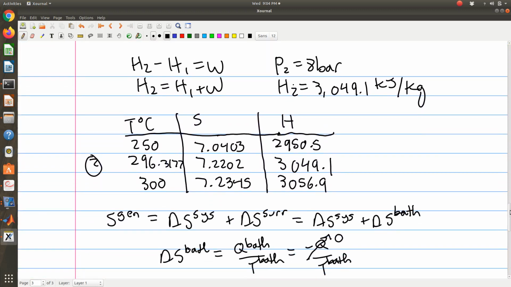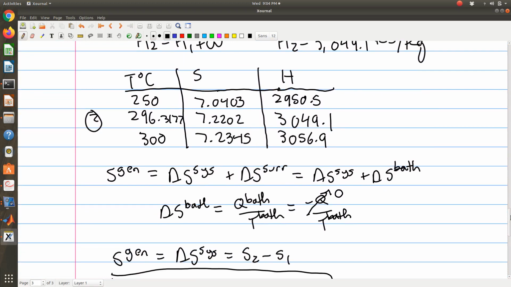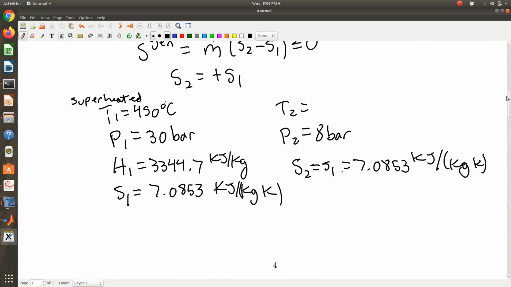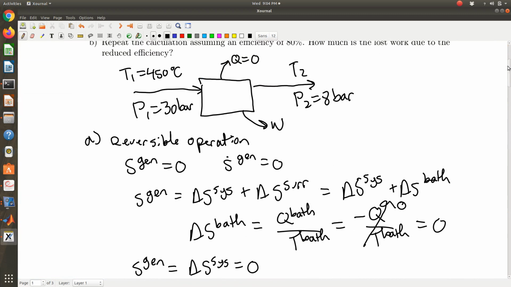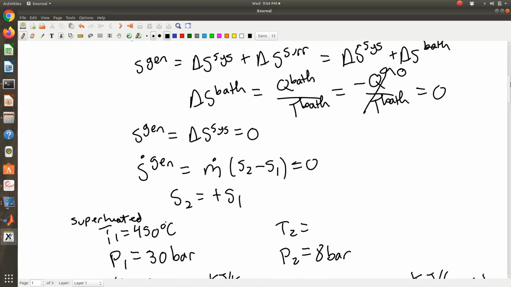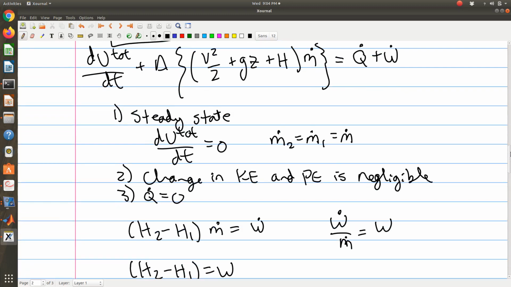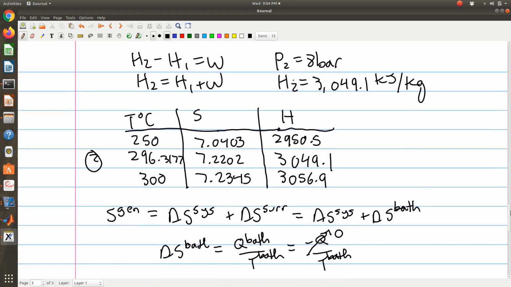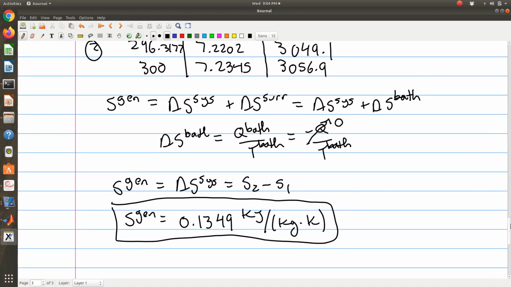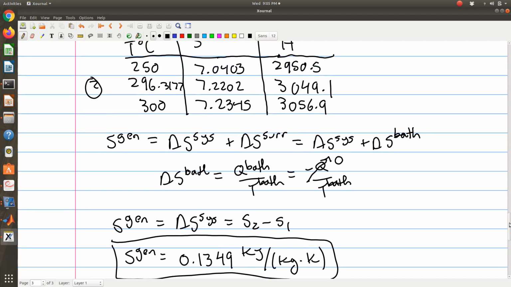Interestingly, from that we were able to fully characterize our system and even calculate the entropy generation. So I think that's all we could do.